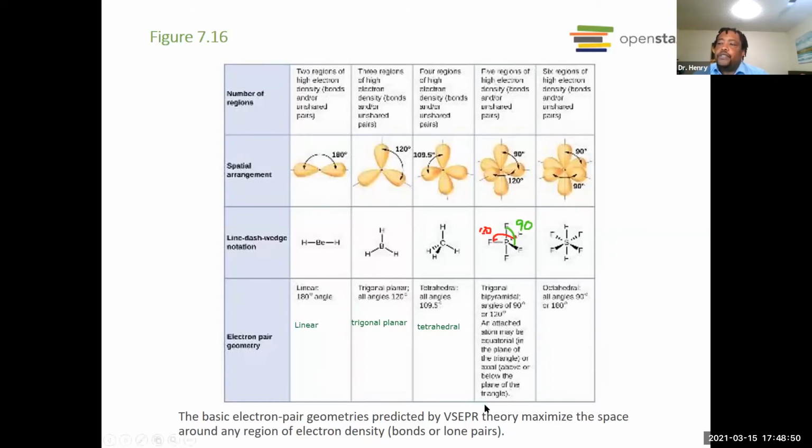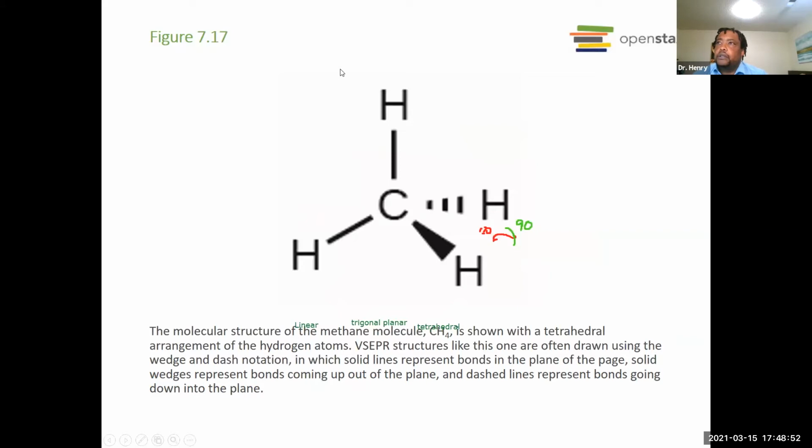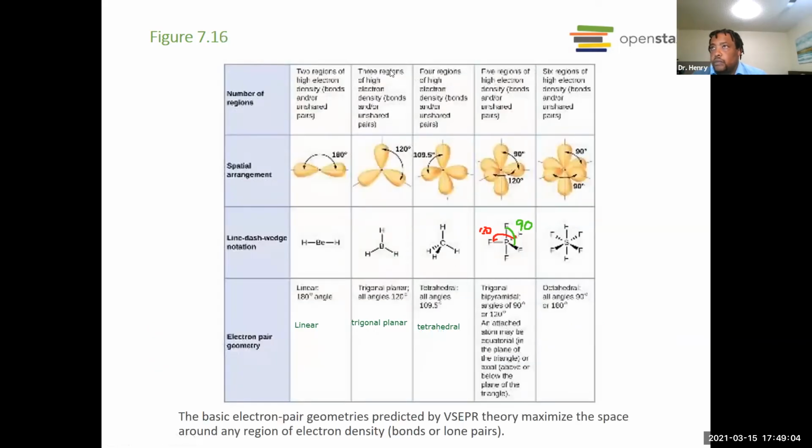And this guy is going to be called trigonal bipyramidal.